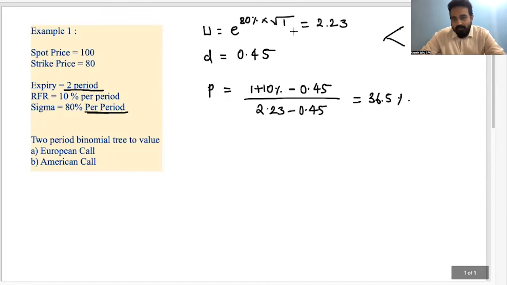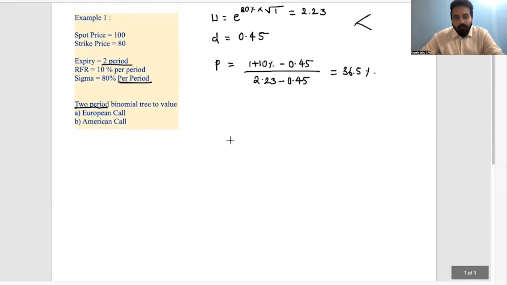Had I given you per annum and expiry as 1 year and then a 2-period binomial tree, then it was okay to take half. You don't want to memorize it. You want to learn to think about it, right? So 2-period expiry, and we want to build a 2-period binomial tree. One leg is 1 period, so I take just 1.